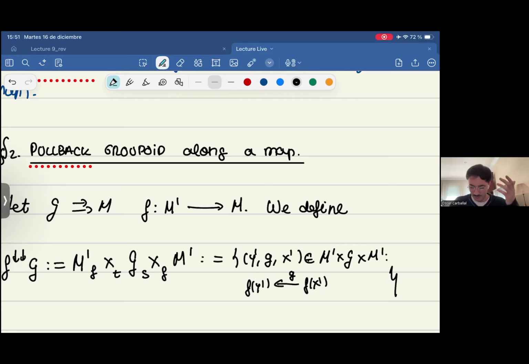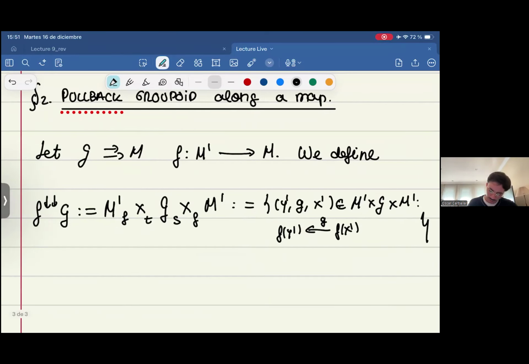In general, we will define a set groupoid structure here, not necessarily a Lie groupoid one, and we will obtain some conditions for this structure to be smooth and consequently fall into the Lie groupoid category. Of course, we want to have a Lie groupoid here over M prime.